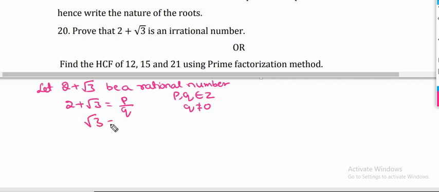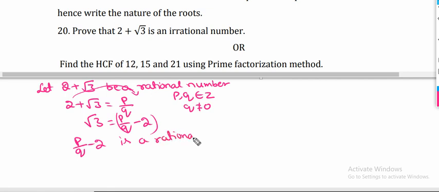Root 3 stays here. So that is equal to p by q, the plus 2 becomes transfer to the right hand side, that becomes minus 2. You observe in this one there is no root, so therefore we write p by q minus 2 is a rational number.